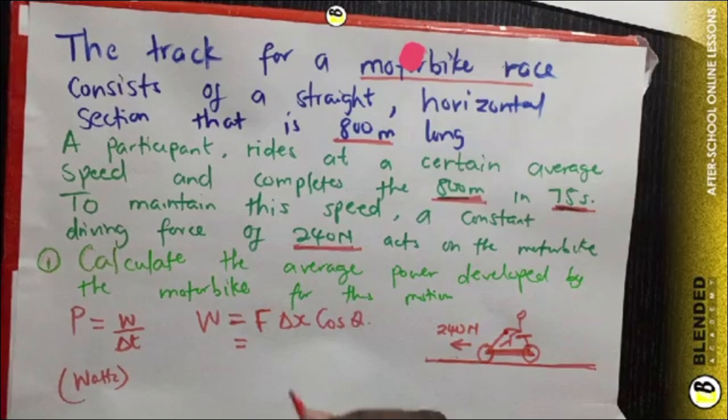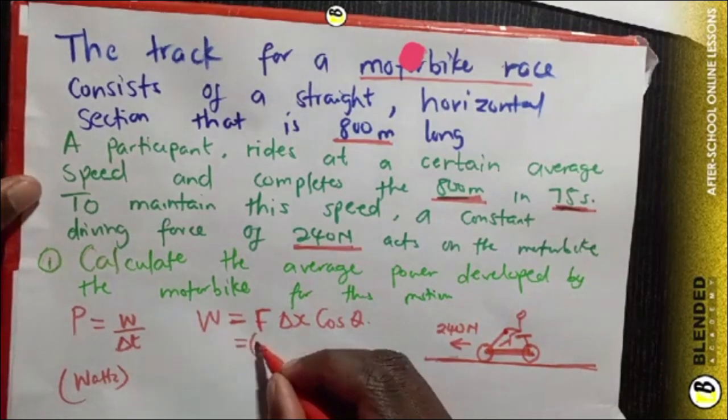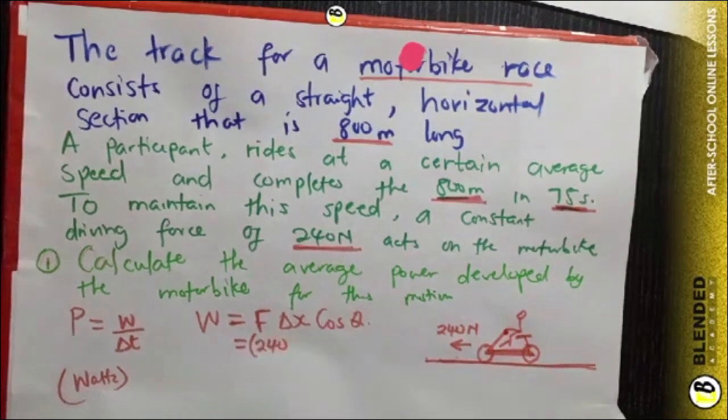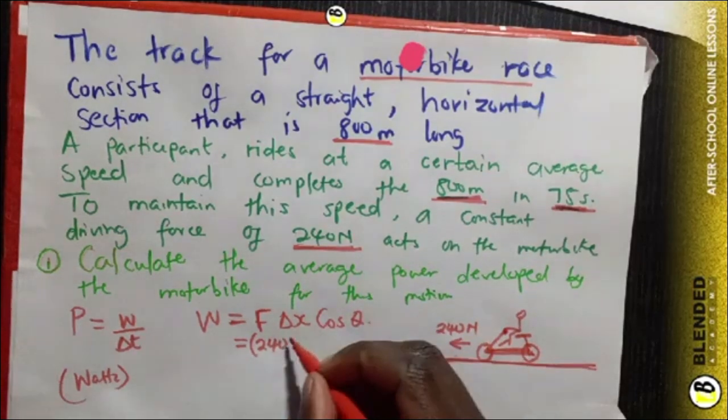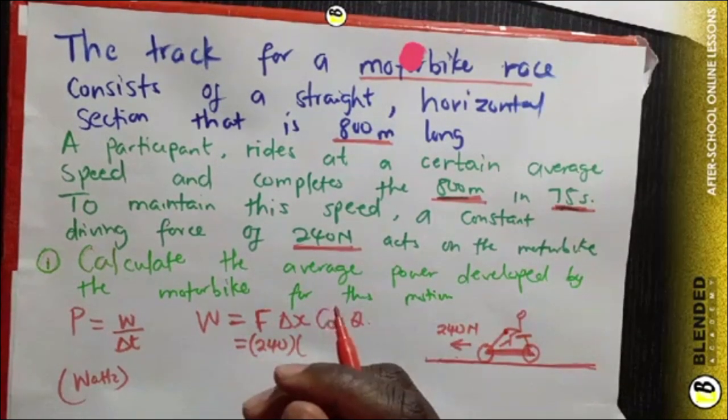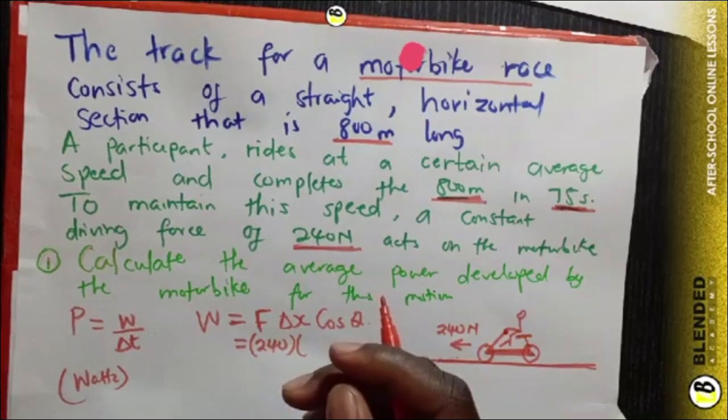Okay, so now the force that we're given is 240 newtons. Okay. And now the distance that we have is 800 meters. Okay?